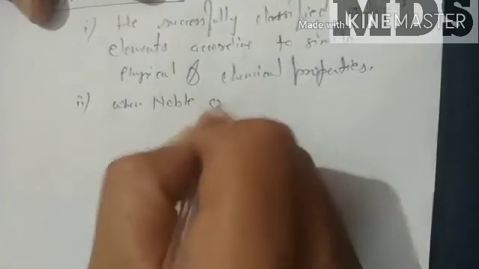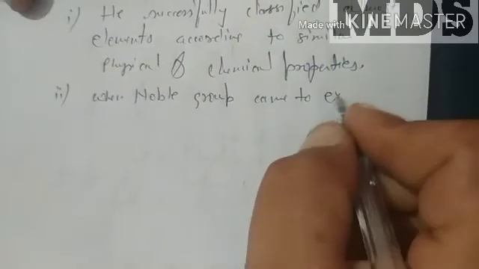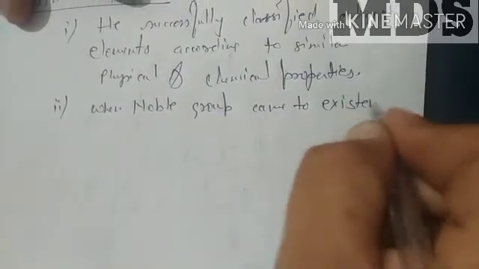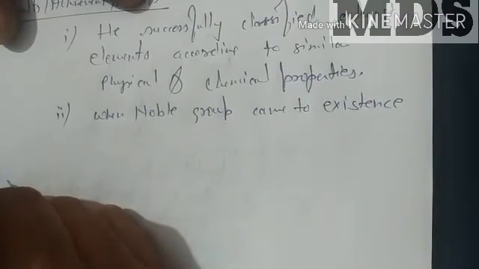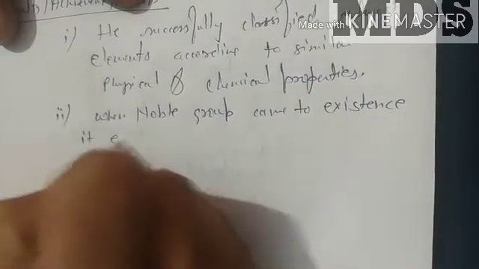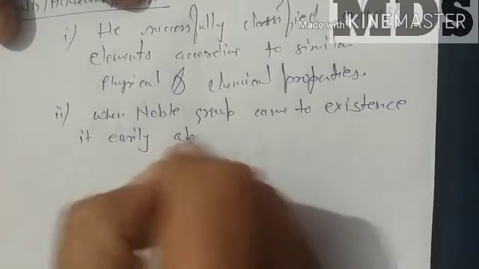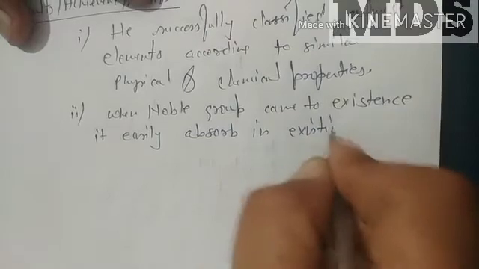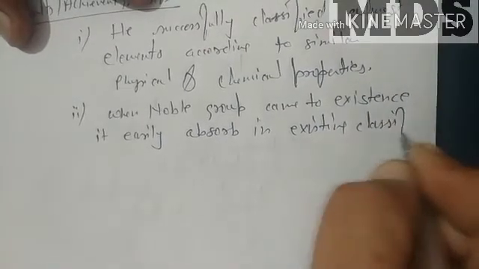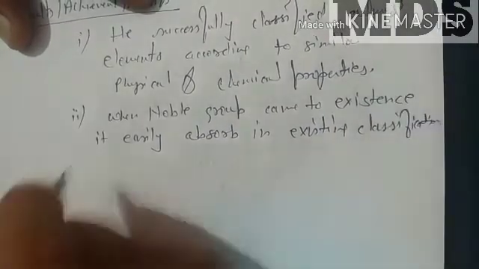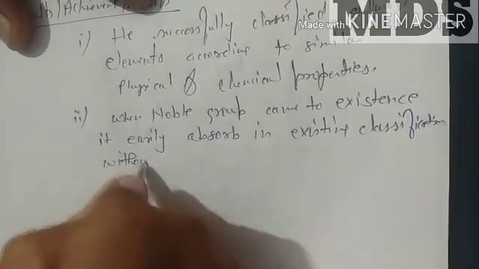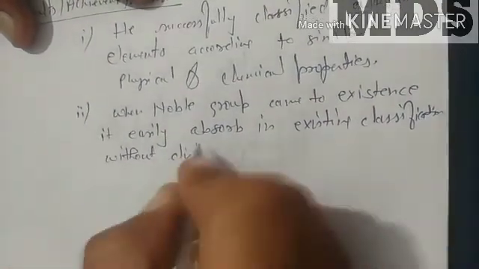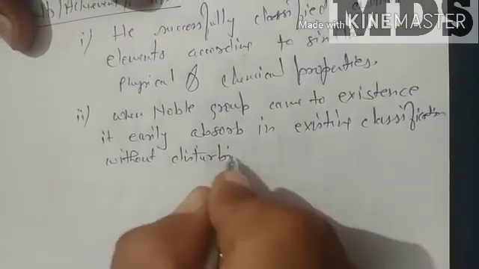So when the noble group, meaning the 18th group, which is helium, neon, came into existence, it was easily absorbed in the existing classification without disturbing it. That is one of the advantages.